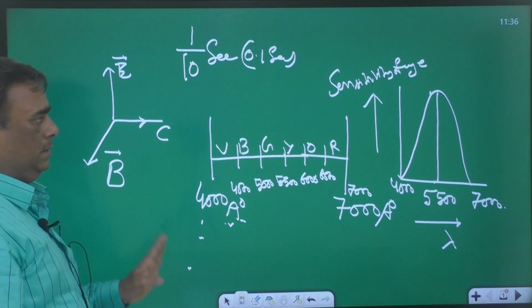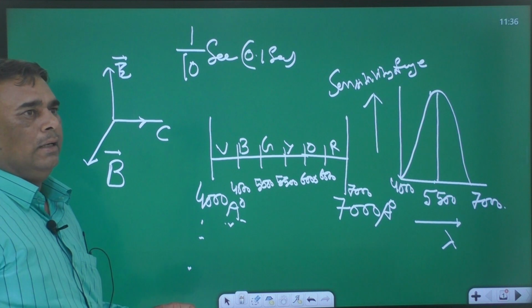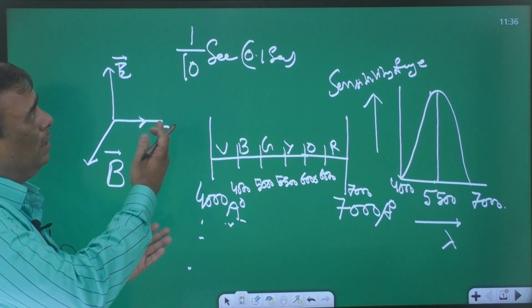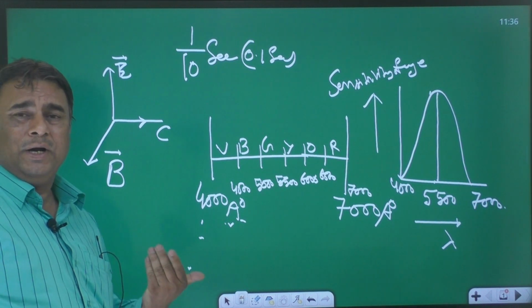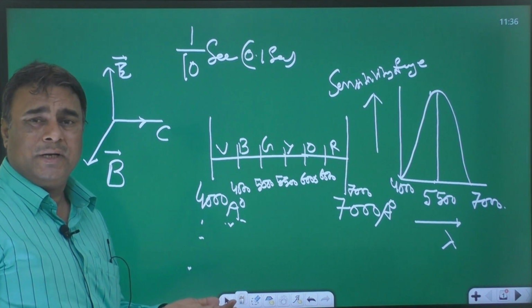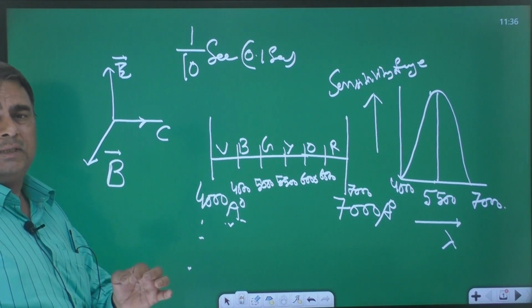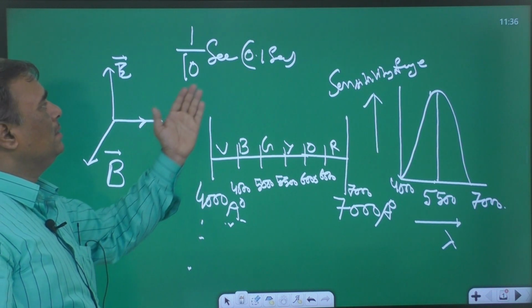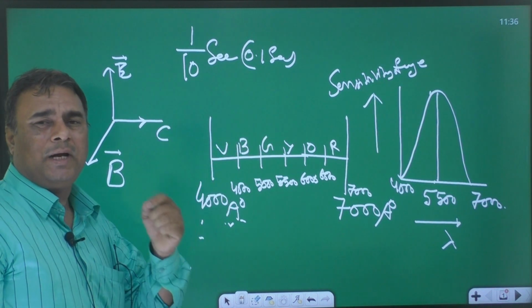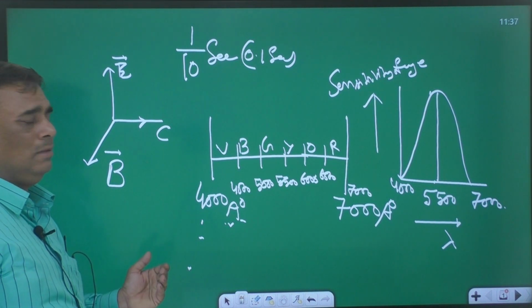Is it clear? That's why an LED tube light we always see glowing continuously, but actually it is not. The time interval between two successive pulses is less than 0.1 second, therefore our eye cannot distinguish between the two pulses.